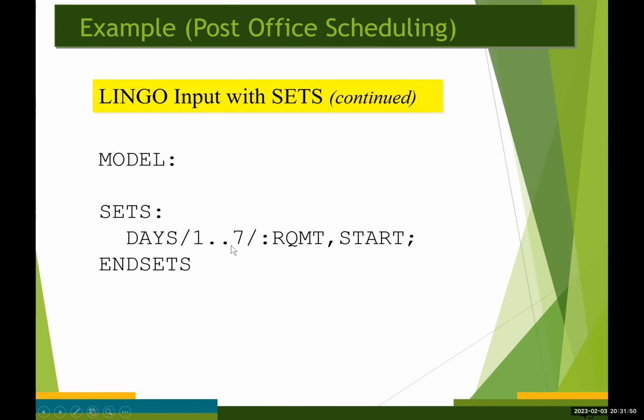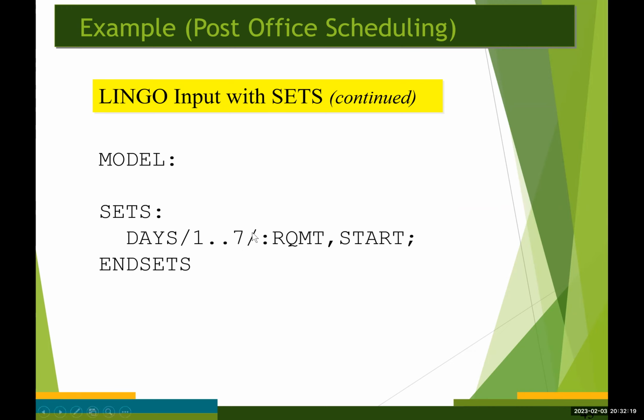So this indicates that all of these attribute values, the requirement and start. Actually, in this case, start is our decision variable. So the decision variable will have 7 different values, okay? I mean, we're going to have 7 different decision variables.